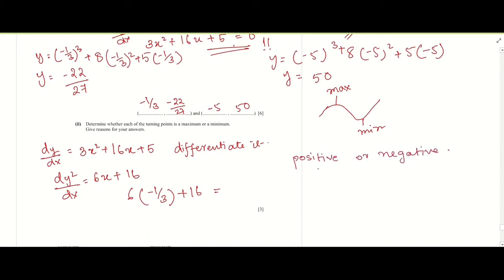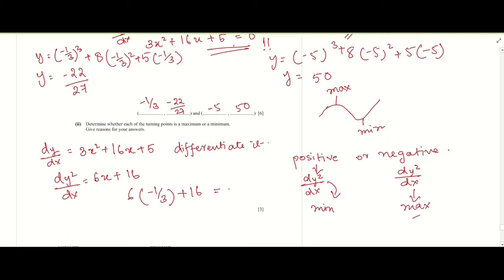If the value of the second derivative at the x value we have put in is positive, then that turning point is a minimum. And if our second derivative, after inserting the x value, is negative, then that would be our maximum point.